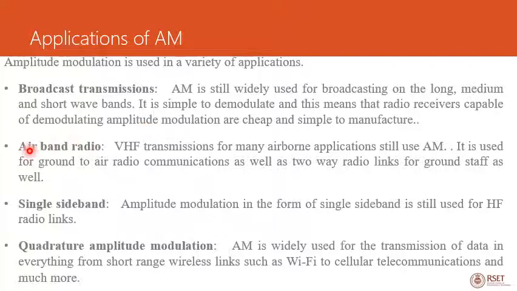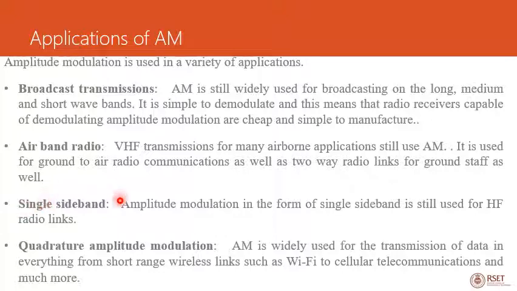Next application is air band radio. Very high frequency, that is VHF, transmission for many airborne applications still uses AM. It is used for ground to air radio communication as well as the two-way radio link for the ground staff. The third one is single sideband. The single sideband concept we will discuss in the next lecture.